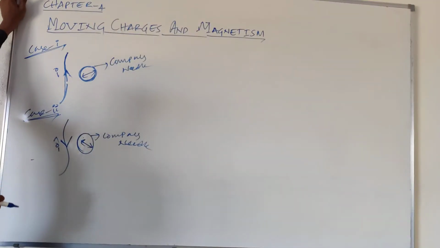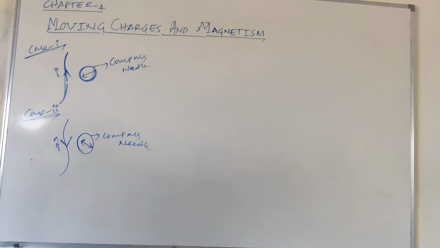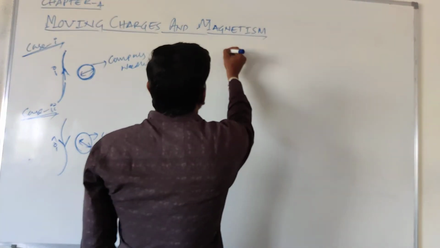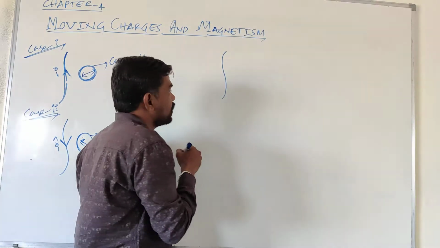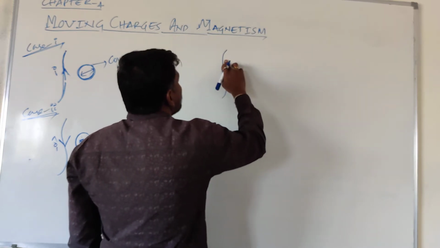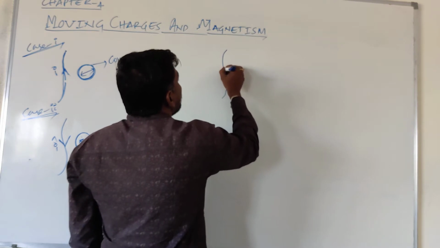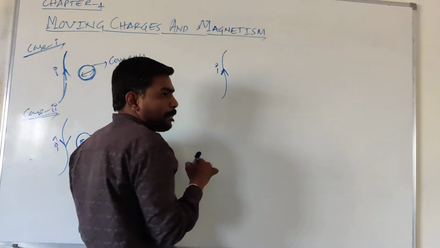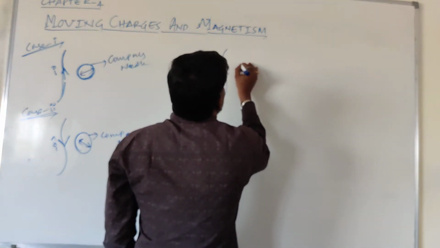So after the two cases, he again took the same wire, and the current direction is like this. This is the current I, and he put a charge at rest.